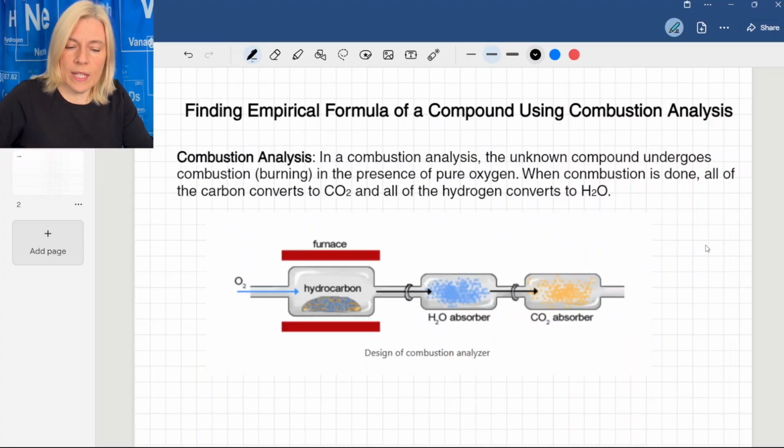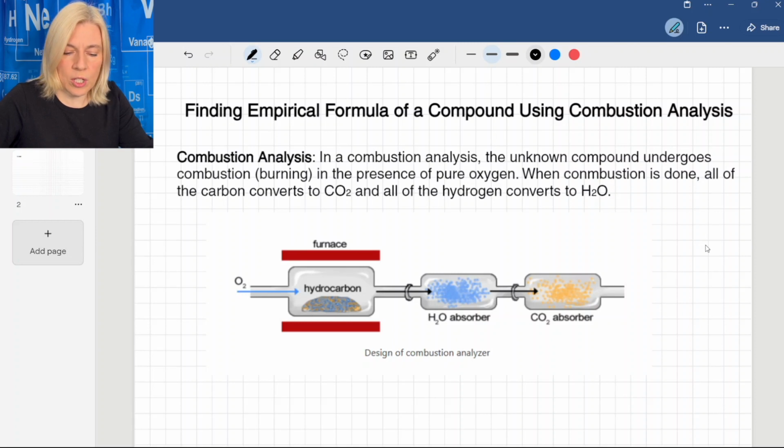So, combustion analysis is where an unknown compound undergoes combustion, burning in the presence of pure oxygen. When this combustion reaction is done, we're going to get carbon dioxide and water. So all of the carbon from our hydrocarbon converts to carbon dioxide, and all of the hydrogen from a hydrocarbon converts to water.